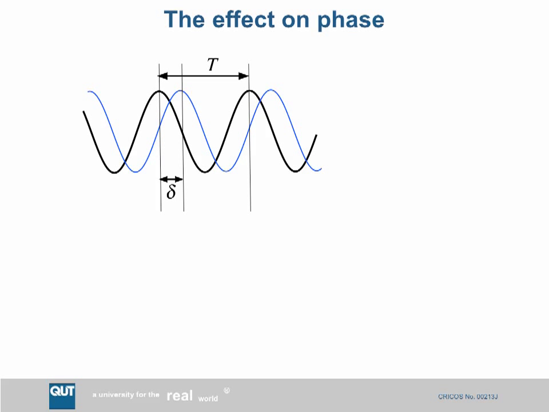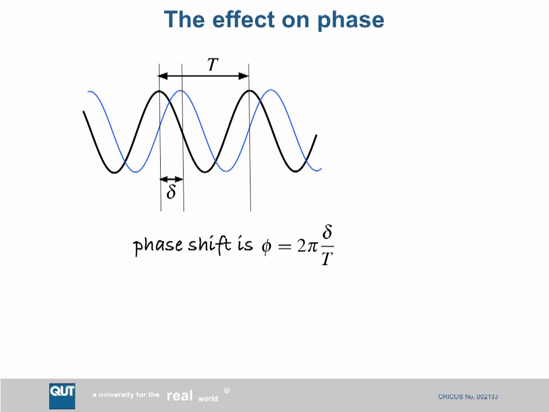So here's a signal. In red is the original signal, and there's a delayed version of it in blue. And it's been delayed by a time, delta. And the period of that signal is capital T. So the phase delay, the phase shift, in units of radians, is given by this.